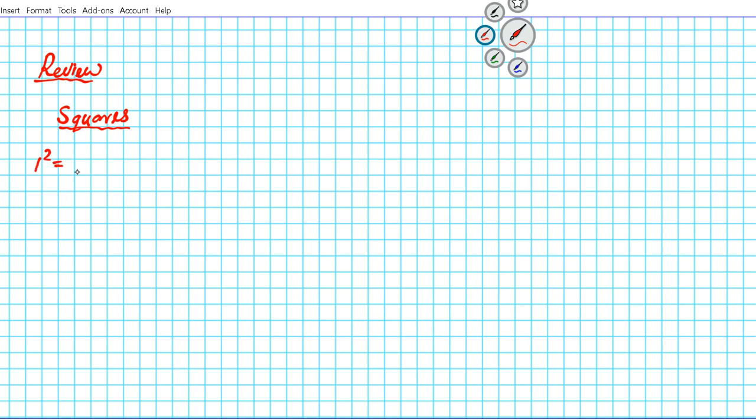What's 1 square? 1 square basically represents 1 times 1, okay?